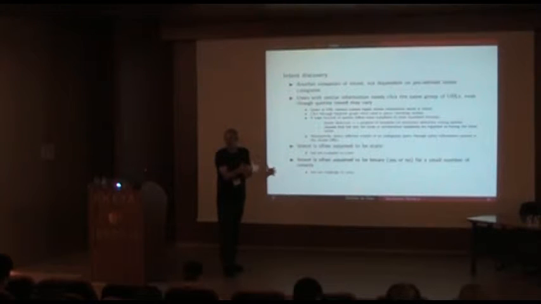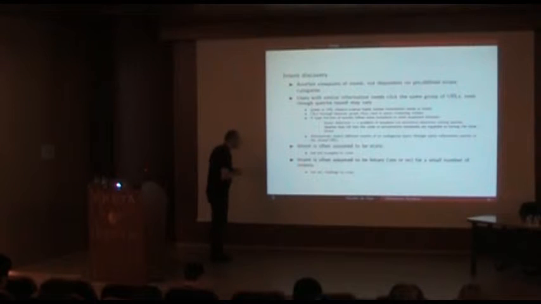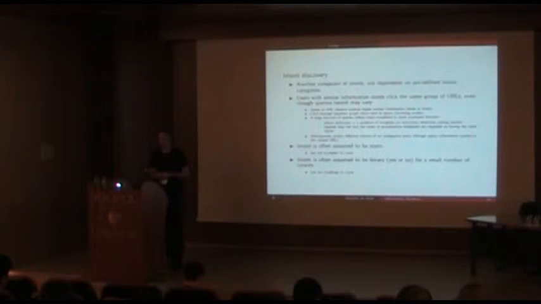What category would you assign to this? Now, what you see in many of these studies is that the intent is assumed to be static, and it's often assumed to be binary. So it's either this intent or another intent, but not both, or not a bit of both.